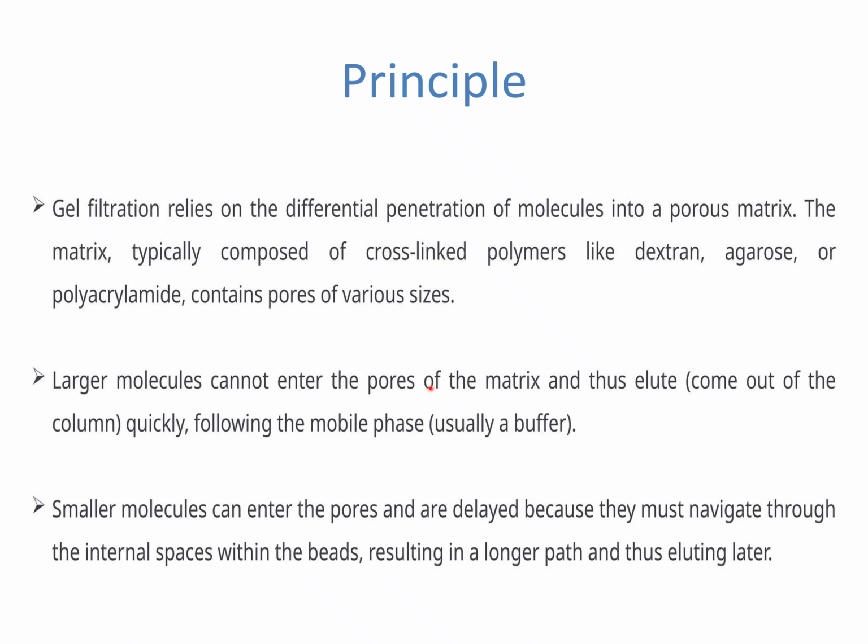Because in gel filtration chromatography, we analyze protein, DNA, RNA, polymers. These are very sensitive components, so they usually require buffer and they cannot tolerate highly acidic or basic media. Smaller molecules can enter the pores and are delayed because they must navigate through the internal spaces within the beads, resulting in a longer path and thus eluting later.